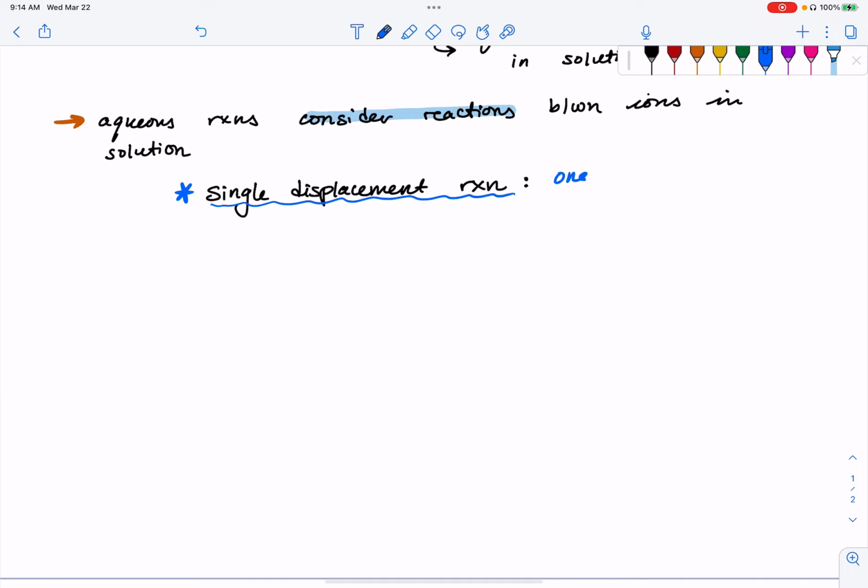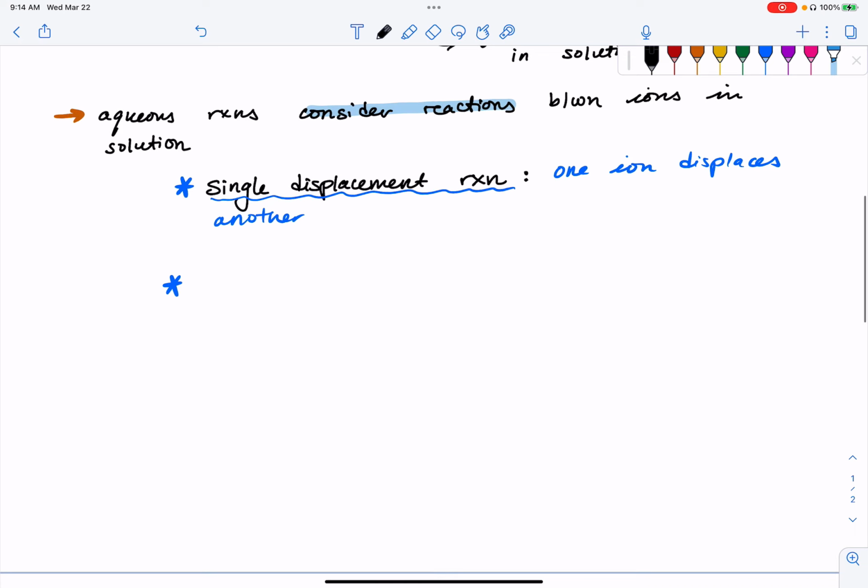So we would say that one ion displaces another. We are going to talk about those types of reactions quite a bit later, after break, down the line.